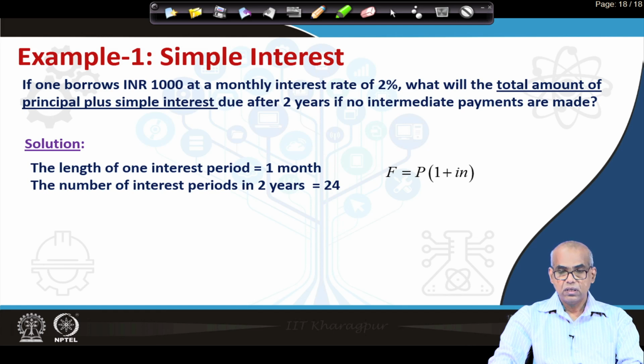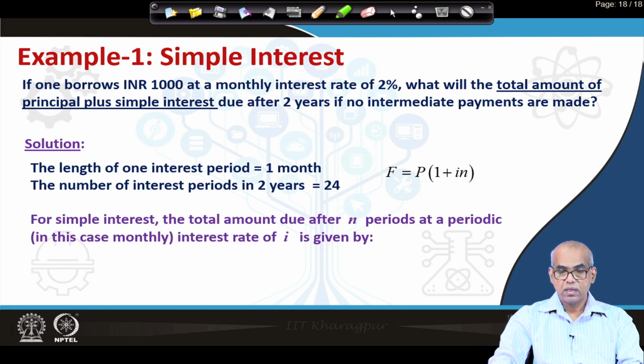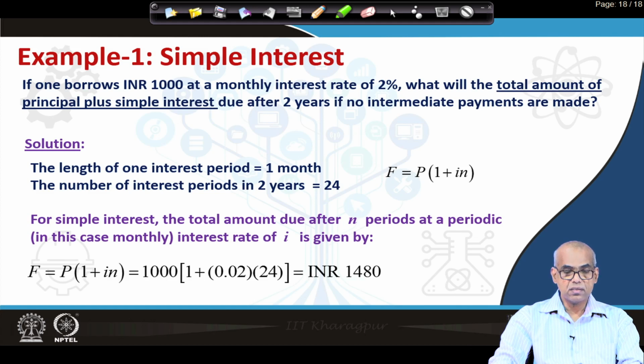So, now you just have to use F equal to P into (1 + i n). For simple interest, the total amount due after n periods at a periodic, in this case monthly, interest rate of i is given by P into (1 + i n). So, it is 1000 into (1 + 0.02 into 24), which will be 1480.